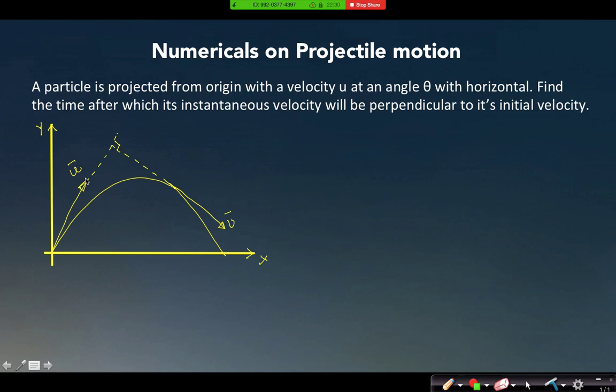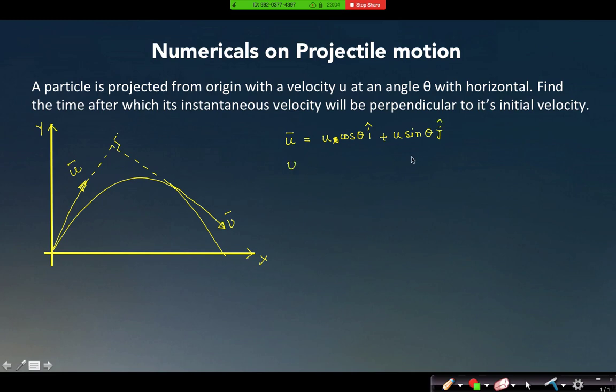Can you tell me any method of approach to solve this question? So the dot product will be 0. Yes, you can try to solve it by this. After time t you find what v is. Suppose u vector is equal to u cos theta i cap plus u sin theta j cap.